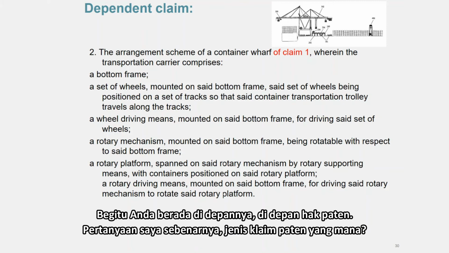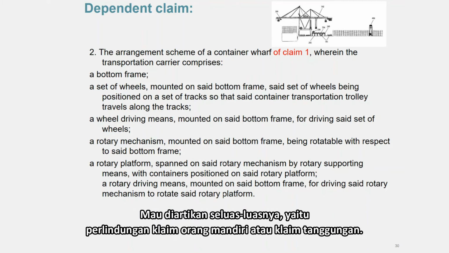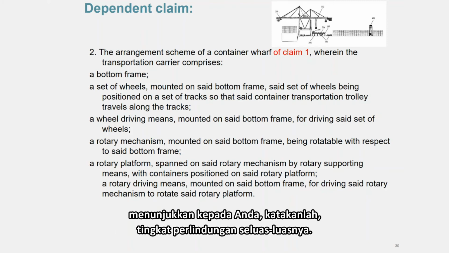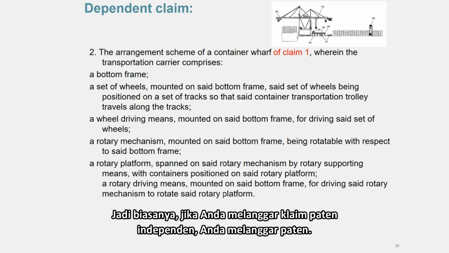So once you are in front of a patent, my question is, in fact, which type of patent claim would define the broadest protection? Independent patent claims or dependent patent claims? The answer is independent patent claims. An independent patent claim is, in fact, showing you the broadest extent of the protection. So normally, if you infringe an independent patent claim, you infringe the patent.